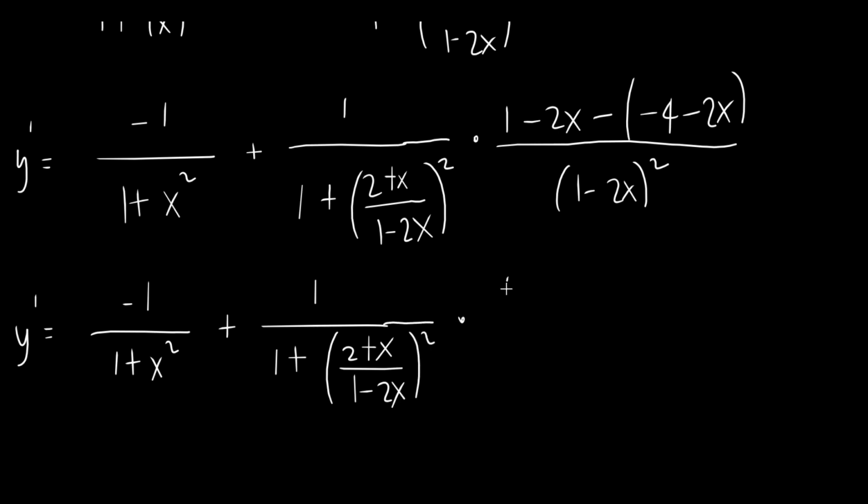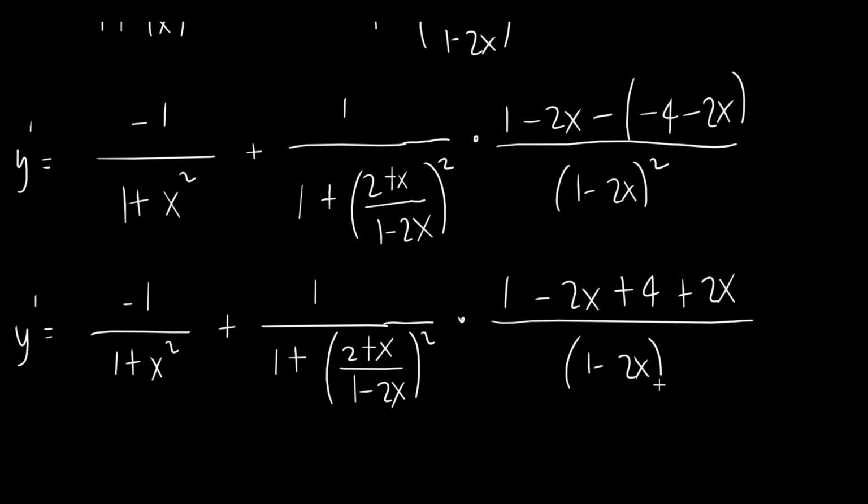And then distribute the negative sign, so positive 4, positive 2x, all over 1 minus 2x raised to the power of 2.